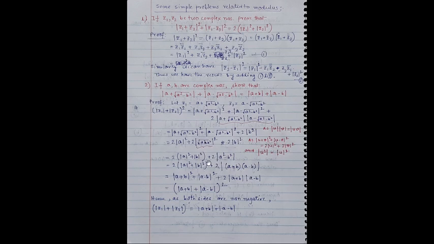Now, the proof is easy, but what I am emphasizing is that there are certain steps you are using, and at each step you must write an explanation. Why are you performing this? Because you are applying this result.